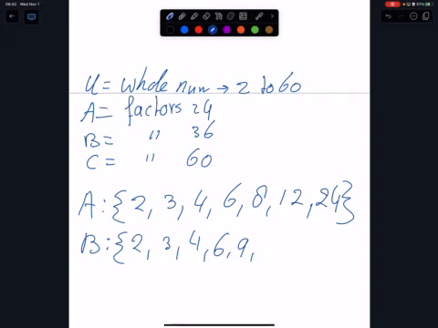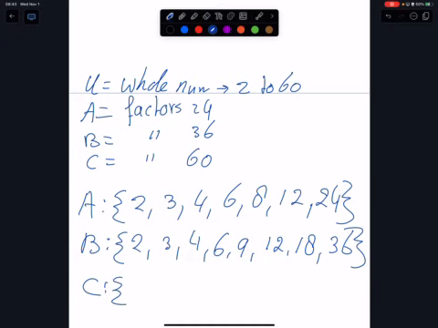We have 12, yes. 13, yes. No, 13 is 39. No. 14, 15, 16, 17, 18, 19, 20. Then it goes all the way to 18. And then 36. 36.